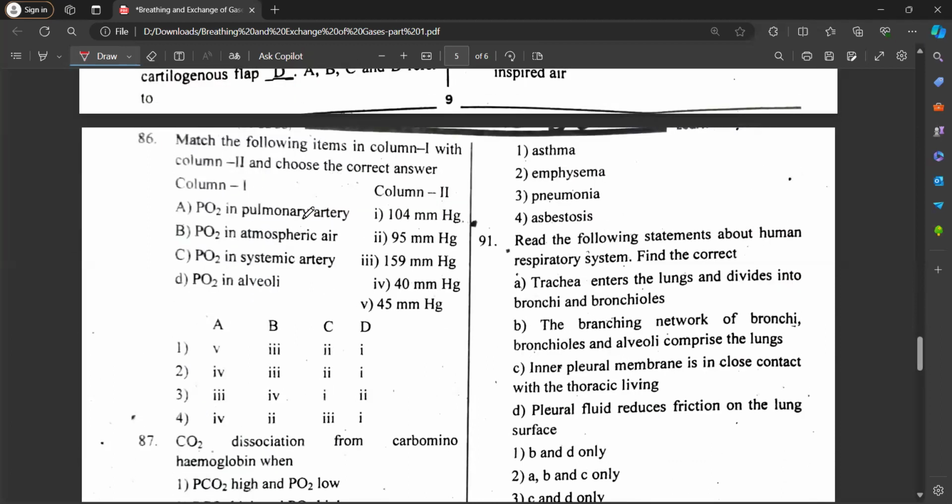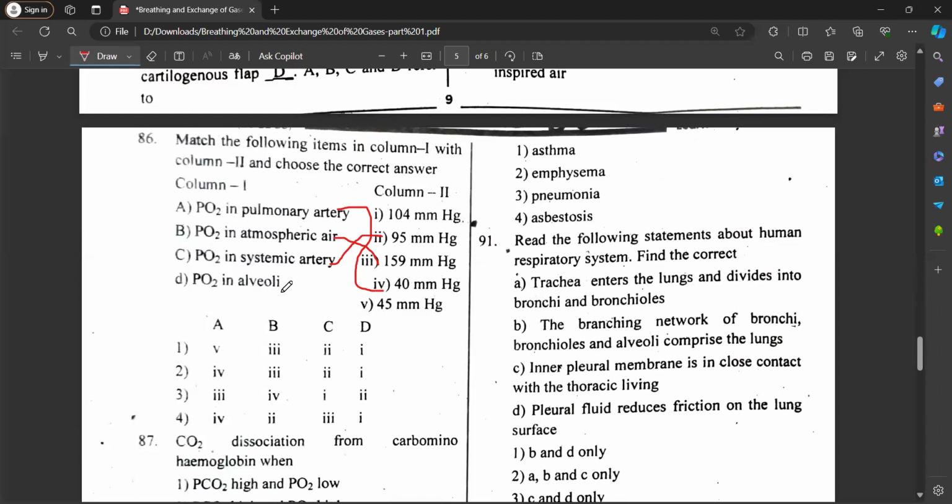Match the following. Partial pressures are given. Partial pressure of oxygen in the pulmonary artery, that is 40 mm of Hg. Atmospheric air, 159 mm of Hg. Partial pressure of oxygen in the systemic artery, 95 mm of Hg, oxygenated blood.